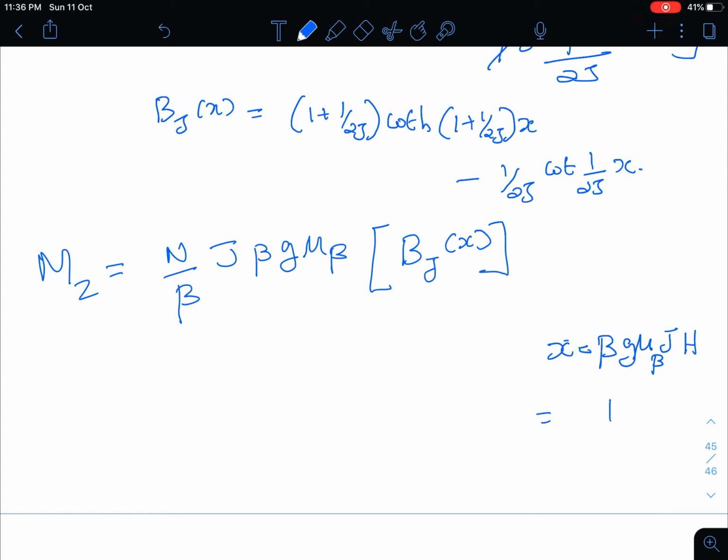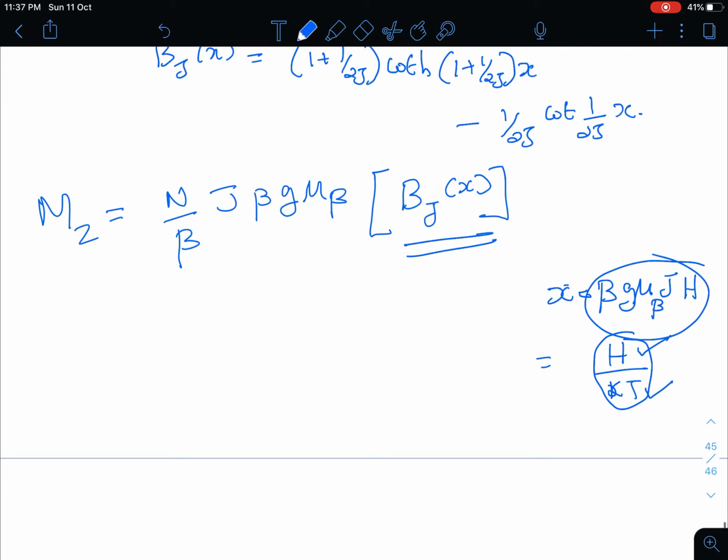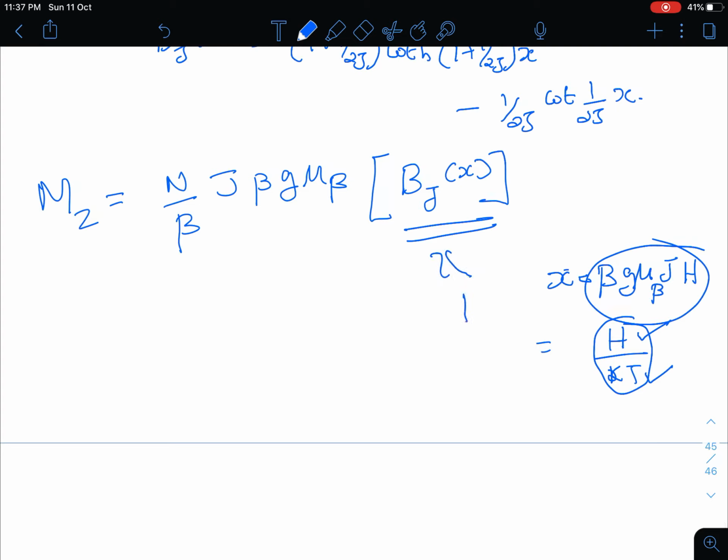So it was something like h by kt എന്നുള്ള ഫോമിലായിരുന്നു, h by t എന്നുള്ള ഫോമിലായിരുന്നു. So അങ്ങനെ ആവുമ്പം high magnetization low temperature ആണെങ്കിൽ എന്താവും, this is a large number. So in that case bj of x would be something almost equal to 1. So that becomes mz is equal to this quantity.